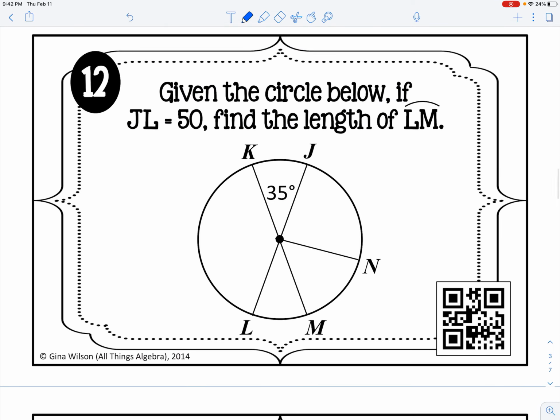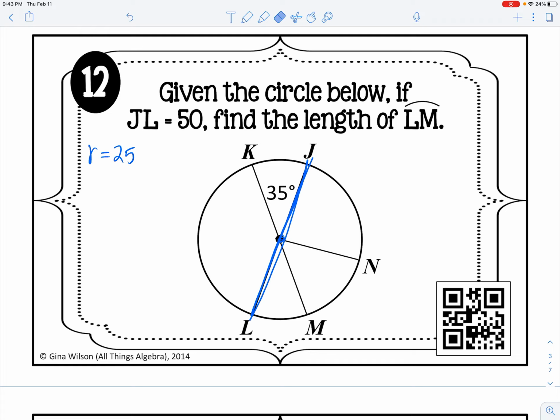Here's our second one. It says JL is 50, so that's this whole length right here. Remember, radius is just from the center to the edge, so we're going to cut that in half. My radius is going to be 25.